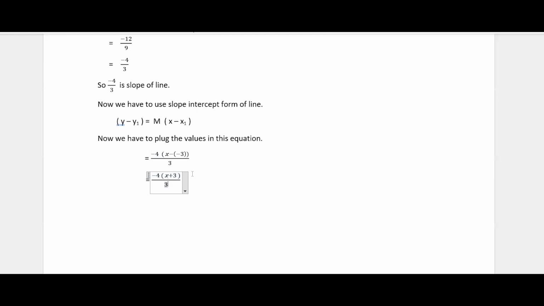Now teacher is simplifying the above equation. Now we have to simplify the bracket. Here teacher cancelled common terms from numerator and denominator.